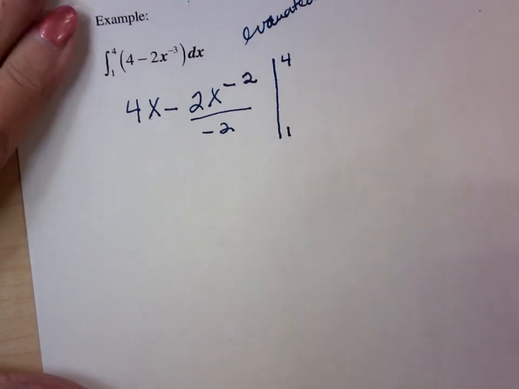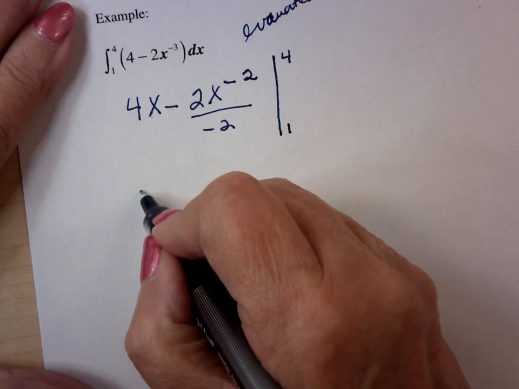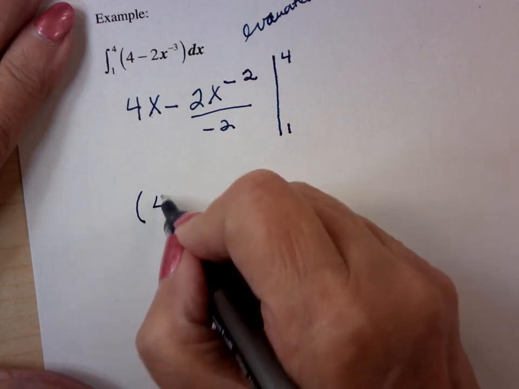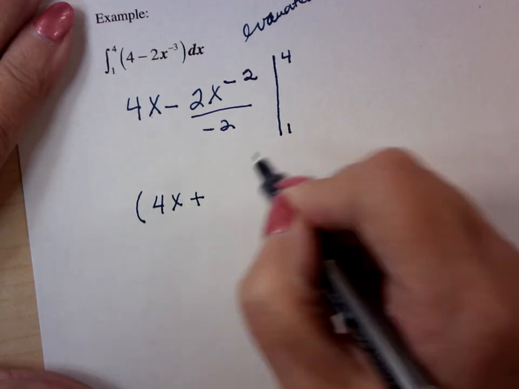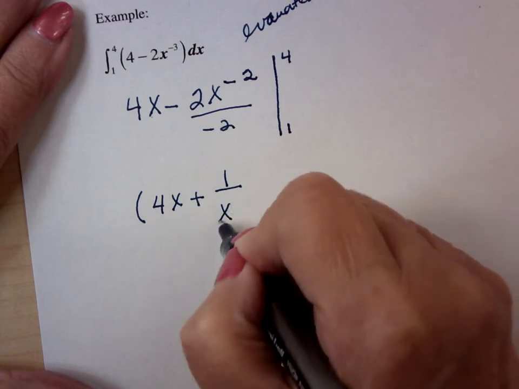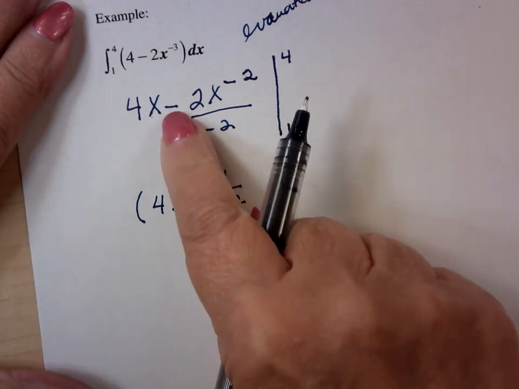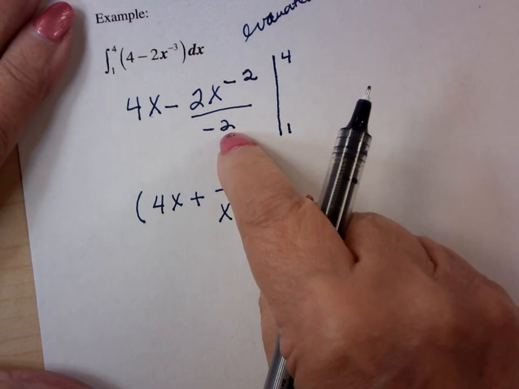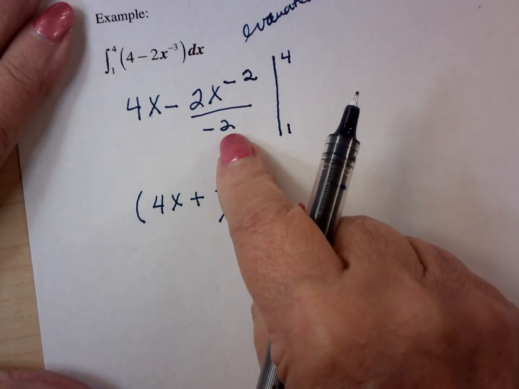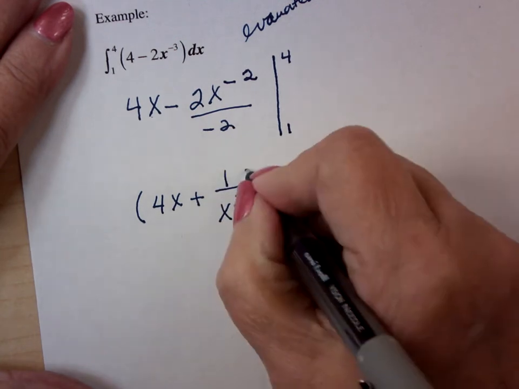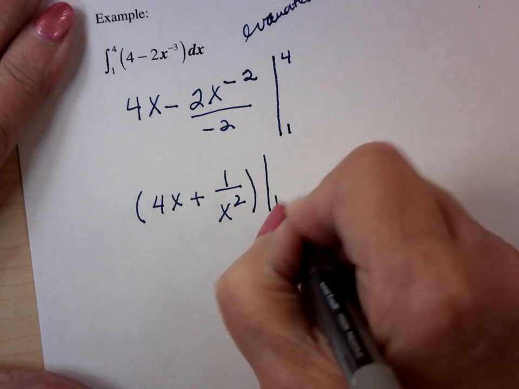So that's going to be my evaluation. I'm going to clean this up. I'm going to put parentheses. This is 4x plus 1 over x squared, minus and a minus is a plus. 2 divided by 2 is going to give me a 1. The 2's go out. And this is going to be evaluated from 1 to 4.